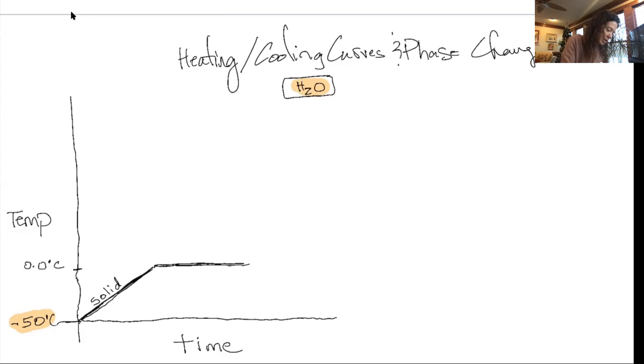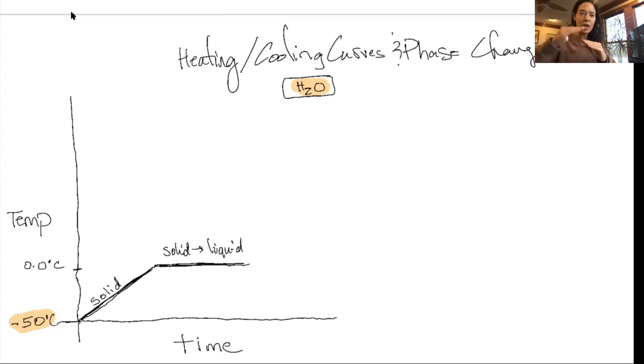Please note that during this phase change of the solid turning into the liquid, the temperature is constant. It is not changing. You're adding heat, but the temperature has stopped changing.